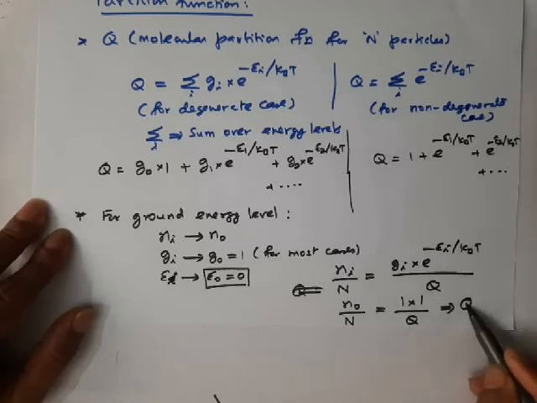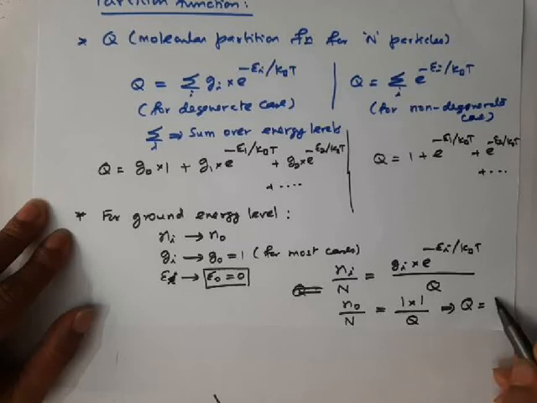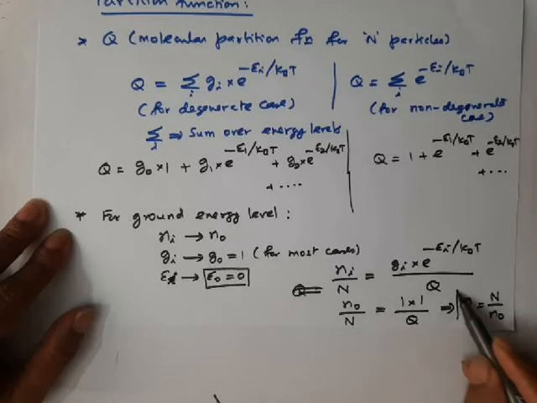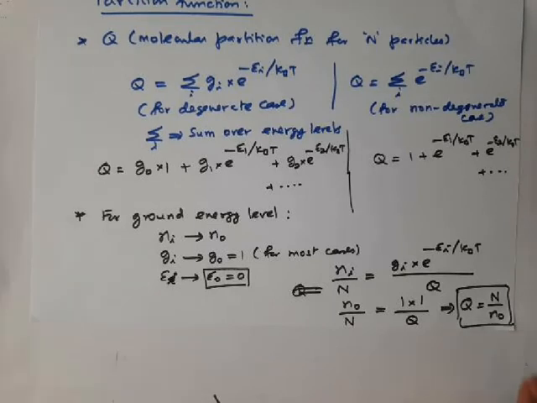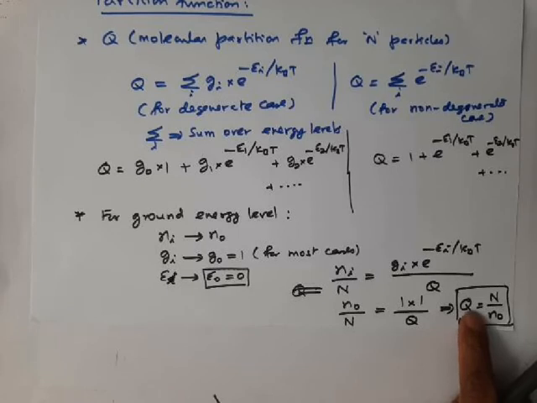From this, capital Q, if you rearrange, is equal to capital N by N0. What does this indicate? It indicates that the molecular partition function for N particles is equal to the total number of particles divided by the number of particles in the ground state. Okay, this is the formula.